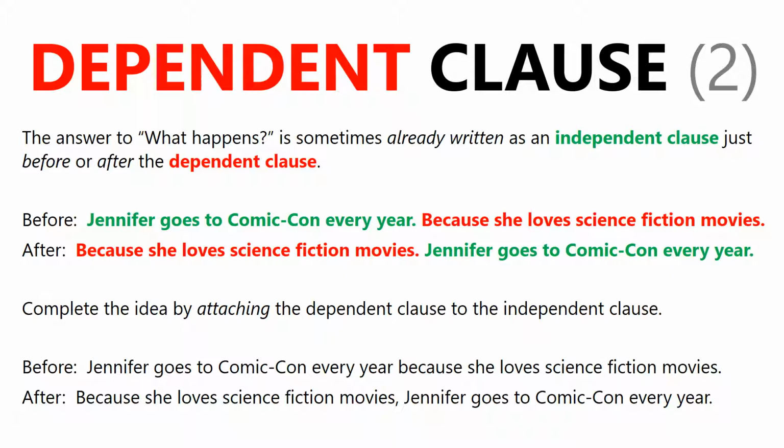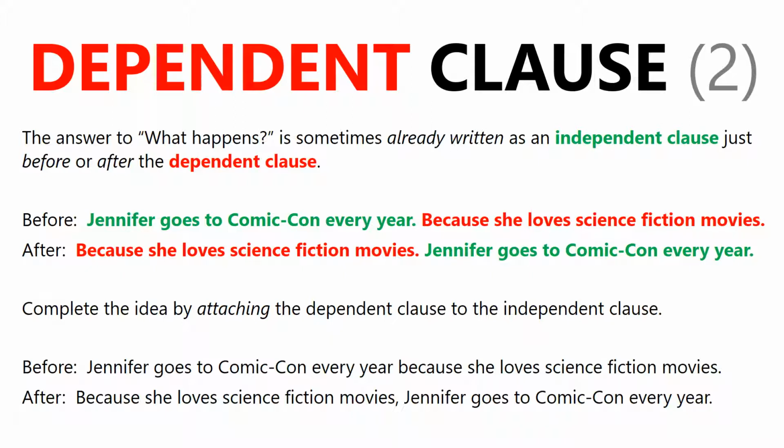In the next example, we have the dependent clause first, followed by the independent clause after. Because she loves science fiction movies, period. Jennifer goes to Comic-Con every year, period. Again, we have a period separating the dependent clause from the independent and making that dependent clause a sentence fragment.